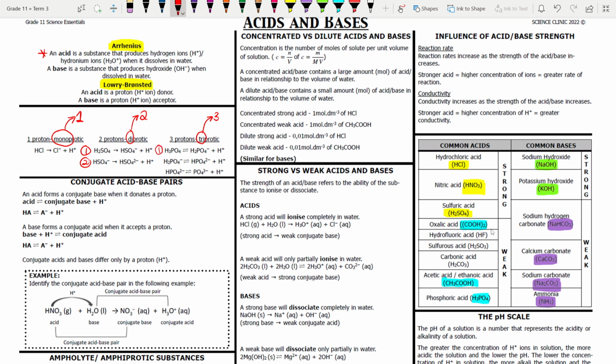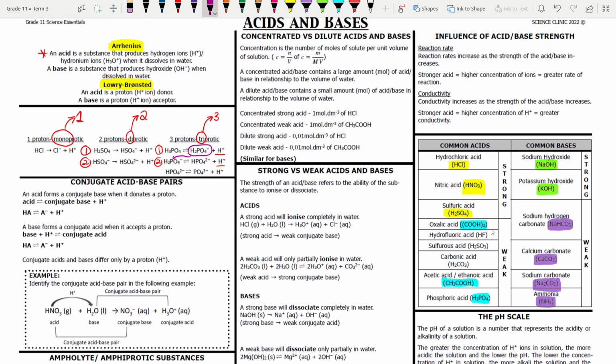In the first step, it's going to donate just one proton. In the second step, it's going to donate a second proton. You can see, if you are able to see this, it starts as H3PO4. It donates one proton to become H2PO4. Then you see a minus there because we lost the proton, which is positively charged, so our net charge is going to be negative. Then for step 2, we take that H2PO4 minus and start with it.